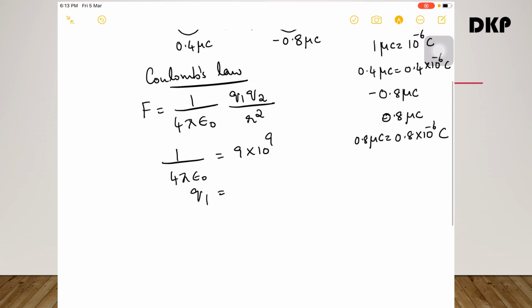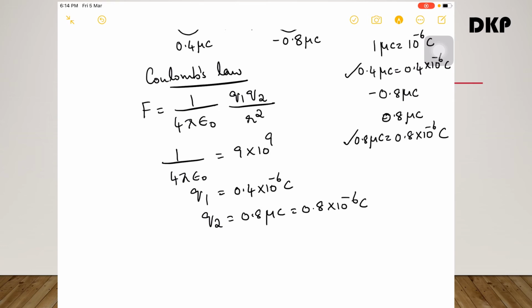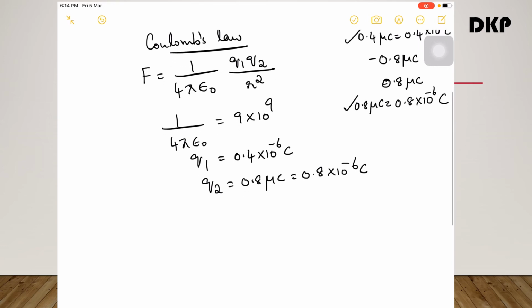Q1 is given in the question. It is 0.4 into 10 to the power of minus 6 coulomb. This one what we have converted. Q2 is equal to this one, 0.8 microcoulomb, which is equal to 0.8 into 10 to the power of minus 6 coulomb, and force is given, F is equal to 0.2 Newton.